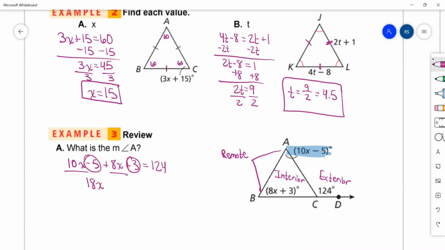Negative 5 plus 3 gives you minus 2 equals 124. Add 2. Get 18x equals 126. Divide by 18 and you get x equals 7.